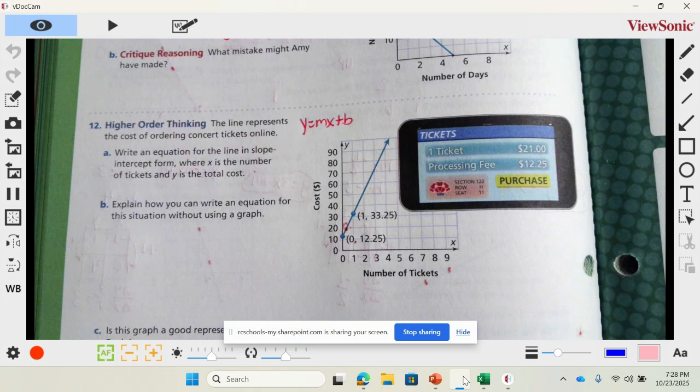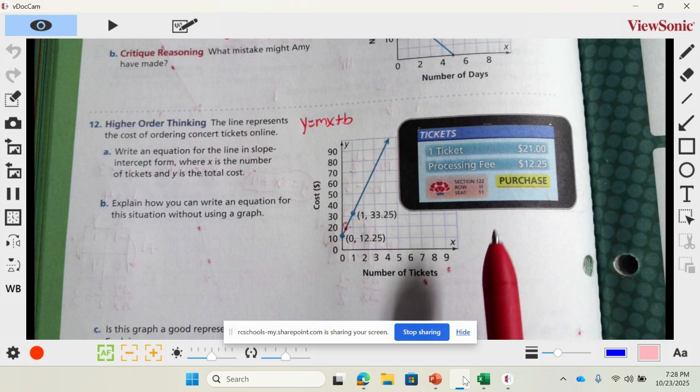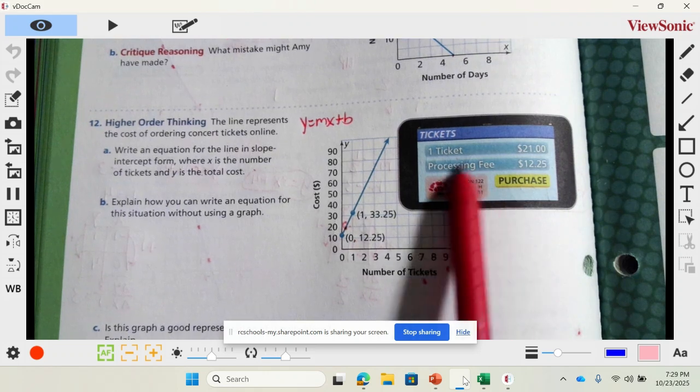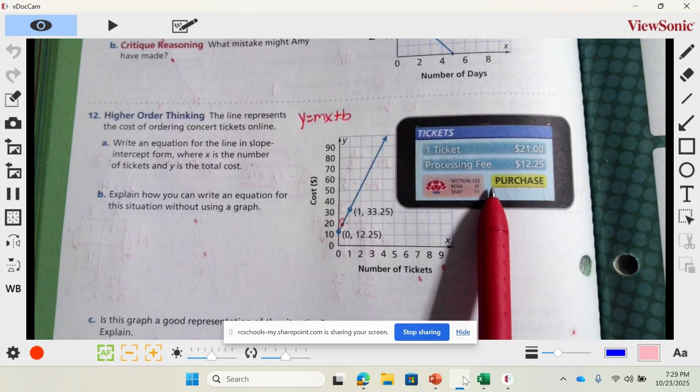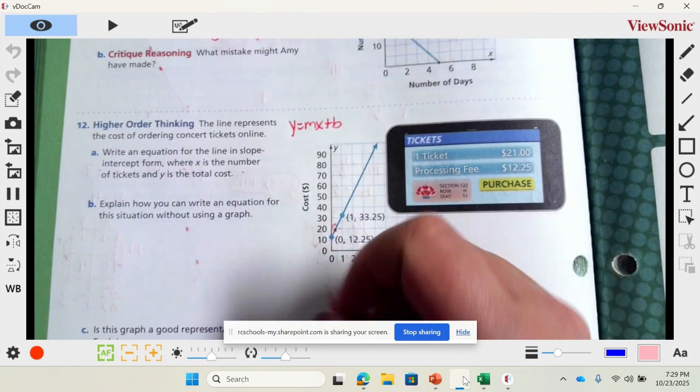What is that going to be? Well, what do you think? Looking here at the tickets and at our processing fee and all that, how much is it for all of that?